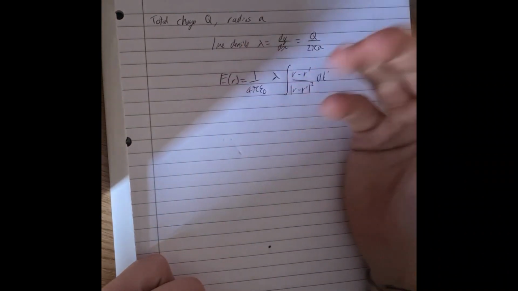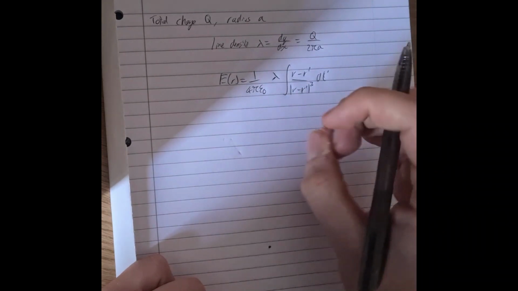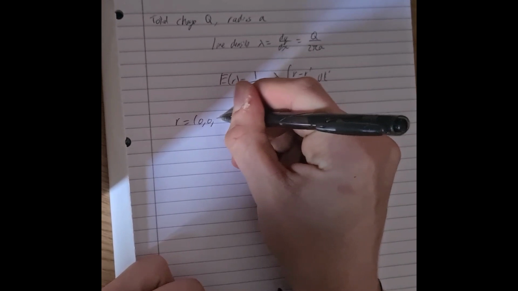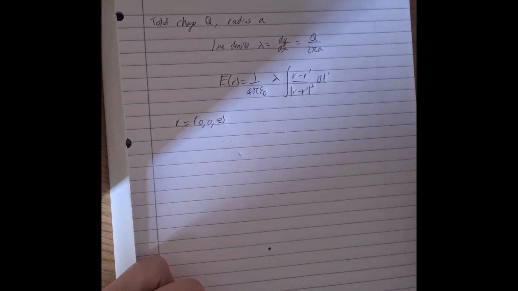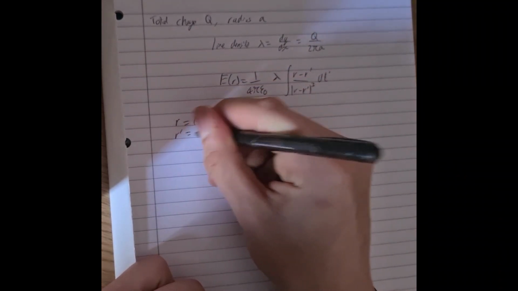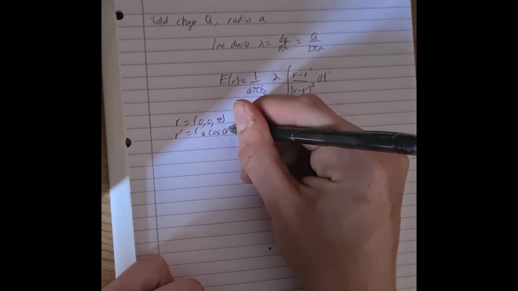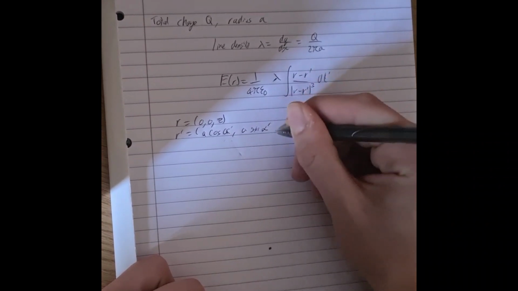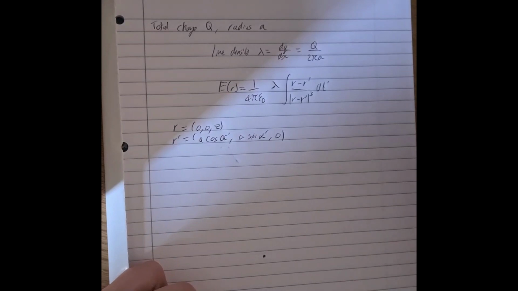Although this problem does look like a cylindrical problem, we can just consider it in Cartesian form. So we know that our point R is equal to 0, 0, z, as it is only in the z direction. It is just further up the line, with no change in x or y. Then r prime can be written as a cos alpha prime, a sine alpha prime, and 0, as there's no change in the z direction.